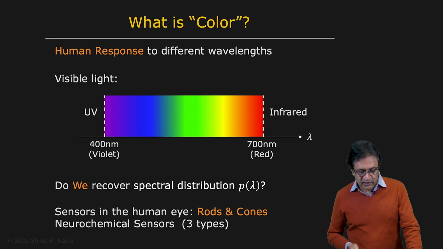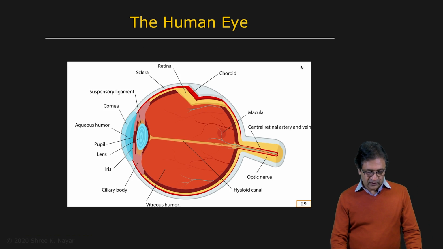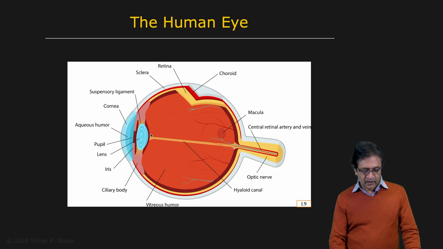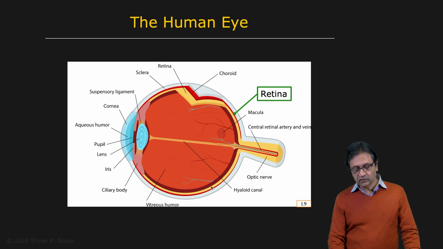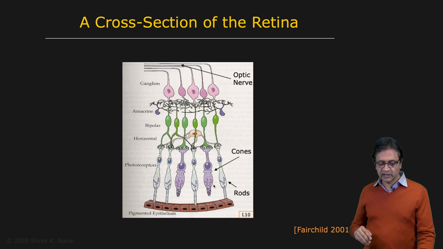So let's take a look at these rods and cones. So here you have the human eye. We've seen this before. You have your cornea, you have your lens, and the lens forms an image on the retina, which is sitting back here. And the retina, like I said earlier, also does a little bit of early processing, but this is where all your pixels are sitting. So let's take a look at the architecture, if you will, of the retina.